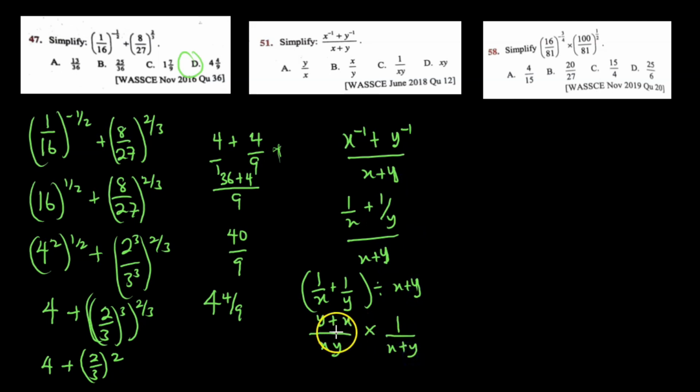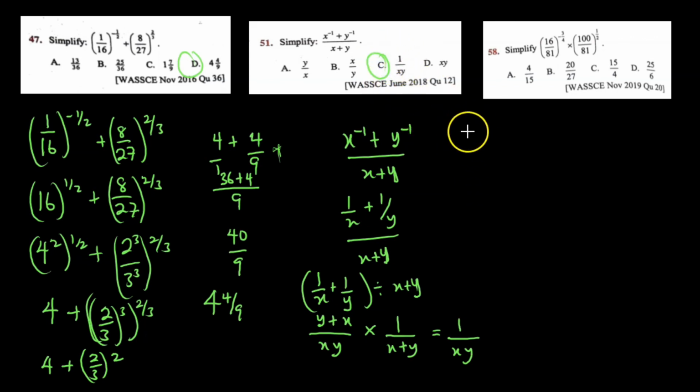Now, the numerator will multiply 1, denominator will multiply 1. Remember, they are in the factor form. y plus x is the same as x plus y. Therefore, x plus y goes into x plus y, and therefore it will be left with 1. So the numerator will be left with 1 over xy. So the possible answer is C.